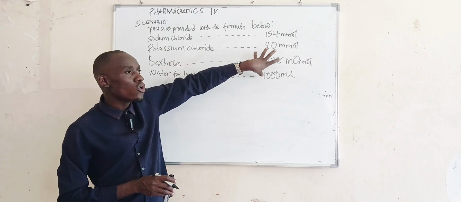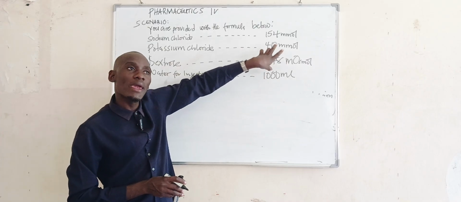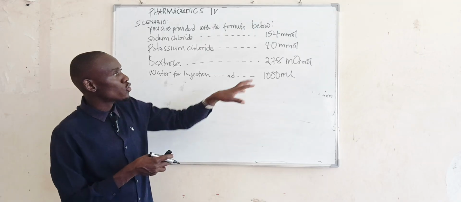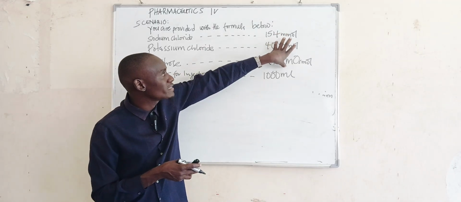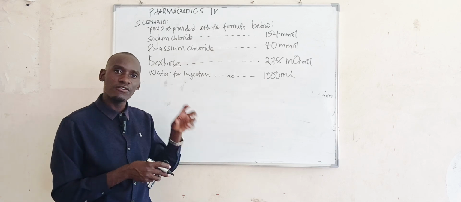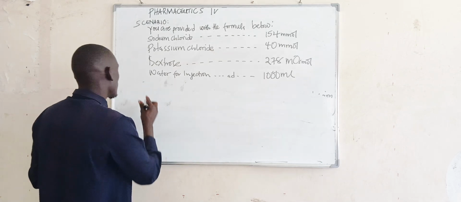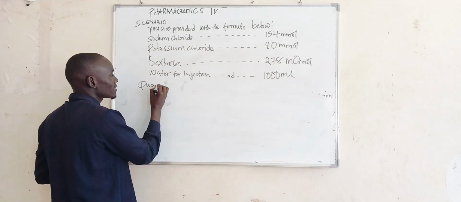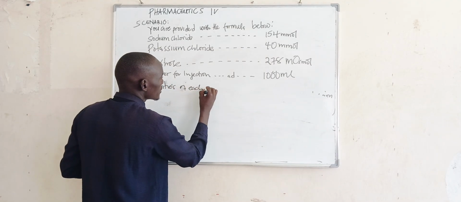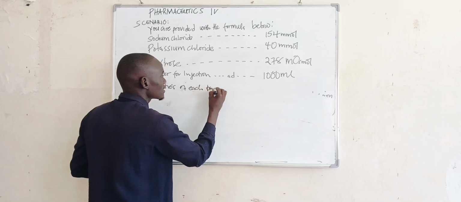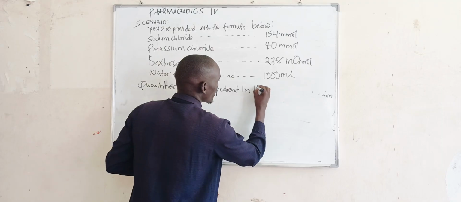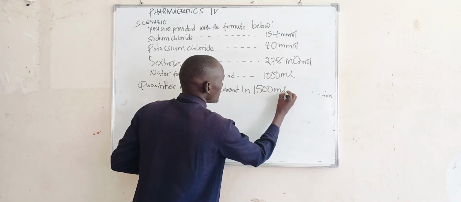And there is no way we can weigh them on our usual weighing balance. So we shall have to convert these units into weighable quantities of mass. So let us obtain quantities of each ingredient in 1500 mils.